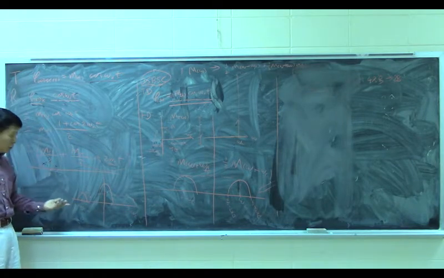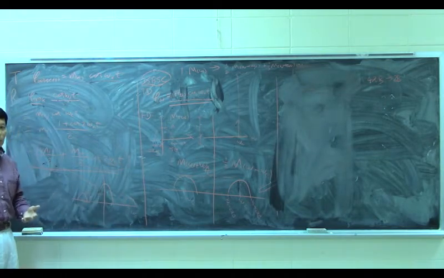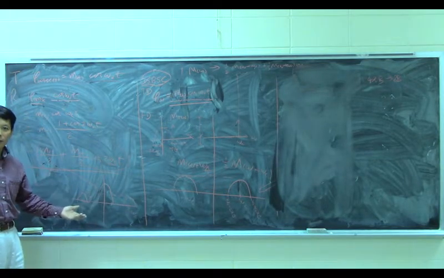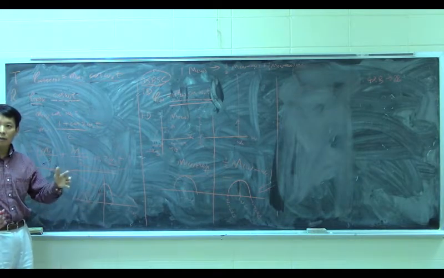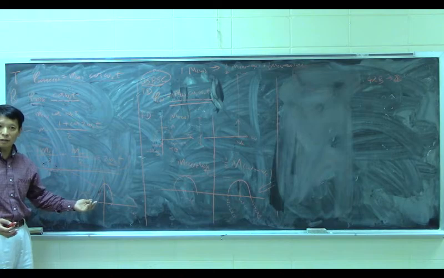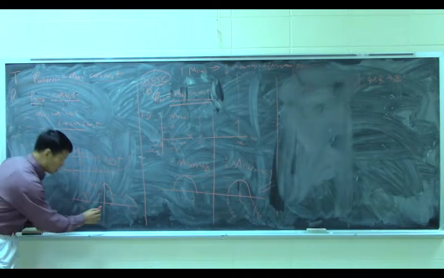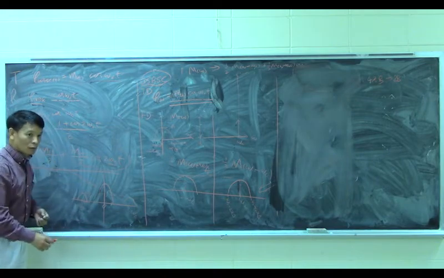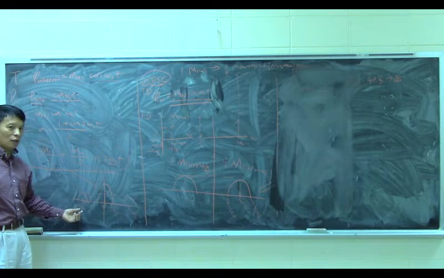So how to separate this? This one is what we want. This and this are not what we want. How to separate this? Can we use a filter to do this? This is what we want. This is 0. This is 2 pi times B. This is 2 omega_c. This is centered at negative 2 omega_c.